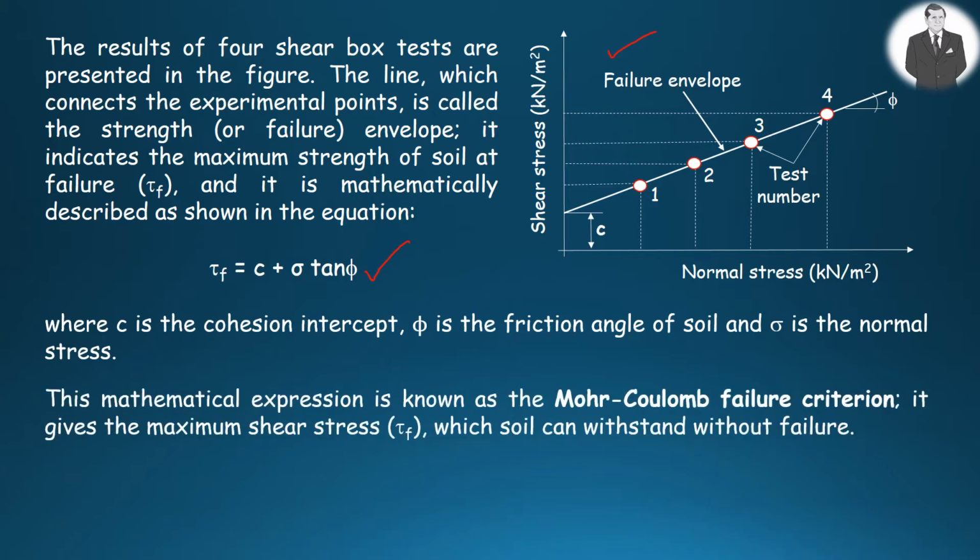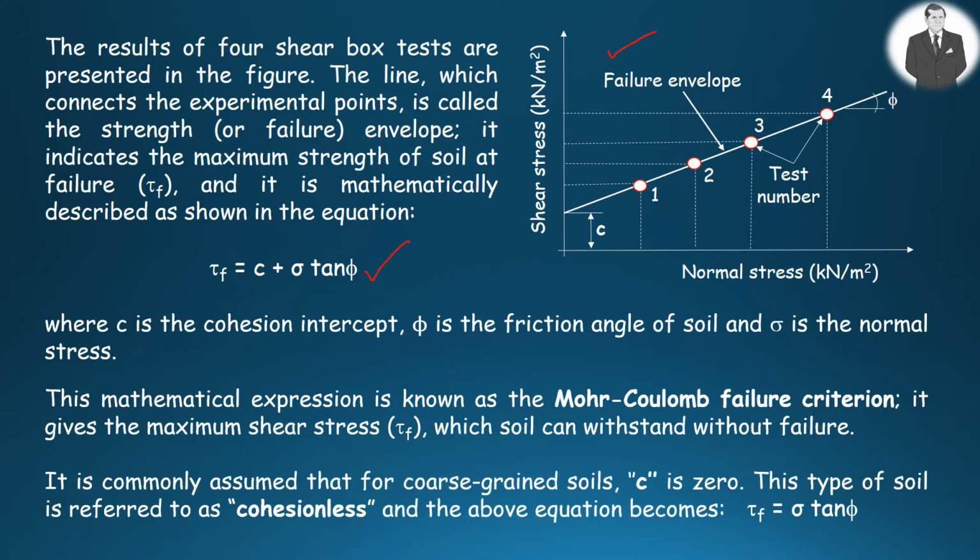This equation is known as the Mohr-Coulomb failure criterion. It provides the maximum shear stress that soil can bear without failure. It is generally assumed that for coarse-grained soils, the cohesion intercept is zero. So this type of soil is referred to as cohesionless soil, and the above equation can be reduced to the equation given here.